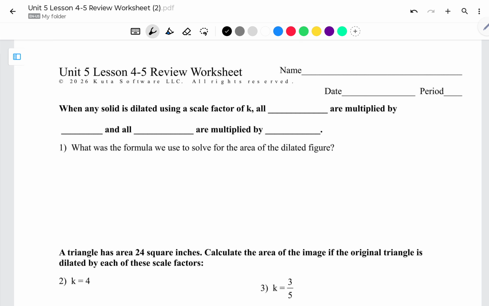Okay, so it says here, when any solid is dilated using a scale factor of k, all blank are multiplied by blank, and all blank are multiplied by blank.